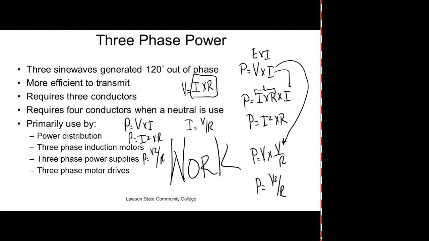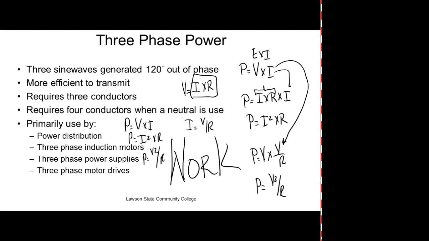So we have another way we transmit power, and it's called three-phase. And what we do is we use 3 conductors instead of 2. And we send 3 versions of the sine wave, and each one of them is separated by 120 electrical degrees.